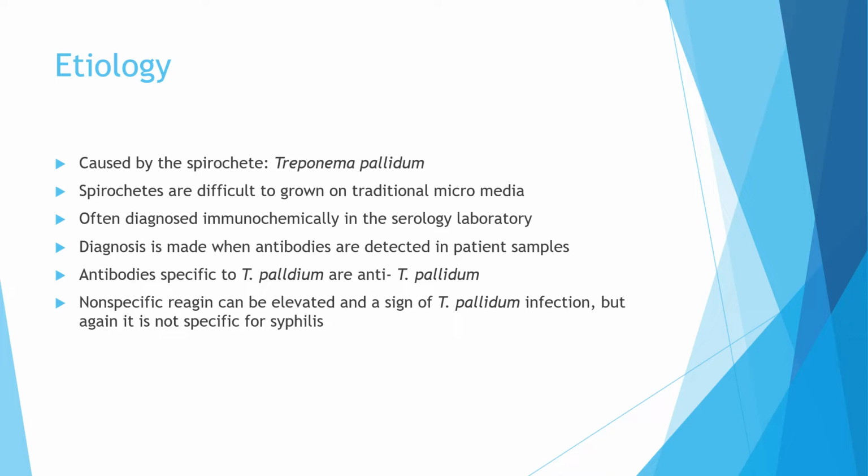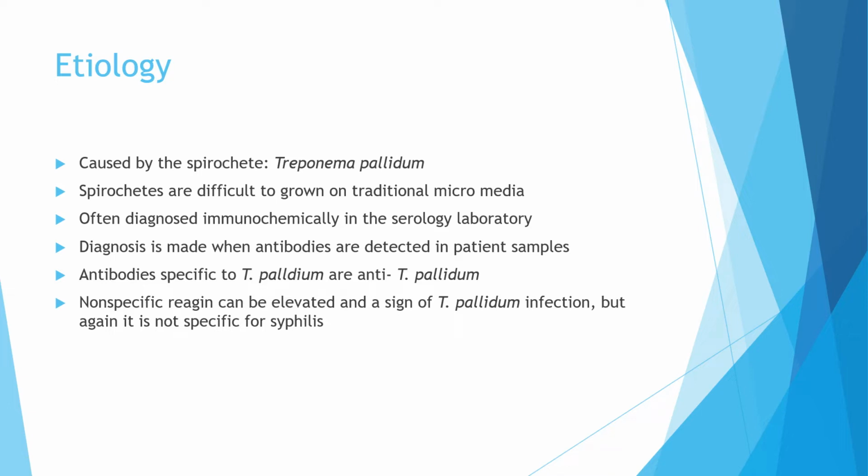Specific antibodies are detected in a TPPA, the Treponema pallidum particle agglutination test, or we can look for antibodies that are screening, or we can look for a biological nonspecific reagent, which is a nonspecific test for syphilis, and this is called the RPR test, or rapid plasma reagin test.